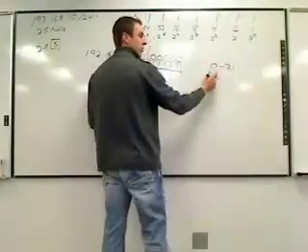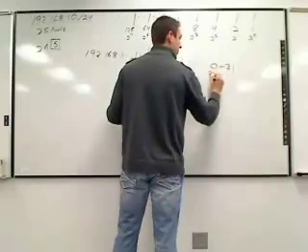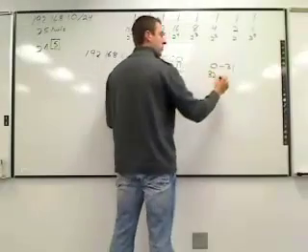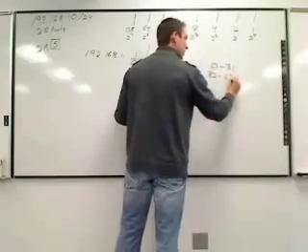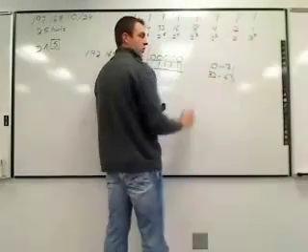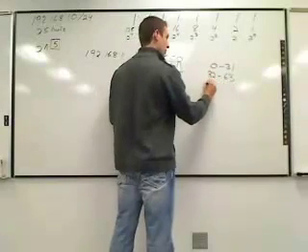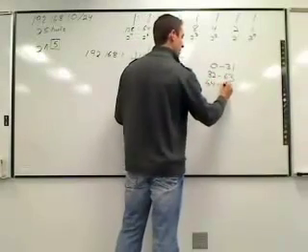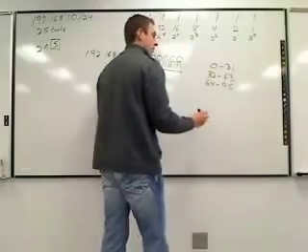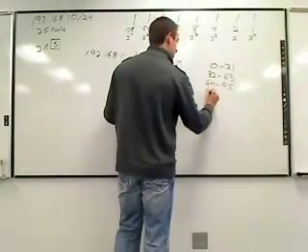1 more than 31 is 32. Add 31 onto 32, that gives me 63. I can see I have a difference of 31 in each one of these ranges. 1 more than 63 is 64. Add 31 onto that, that's 95. 1 more than 95 is 96.